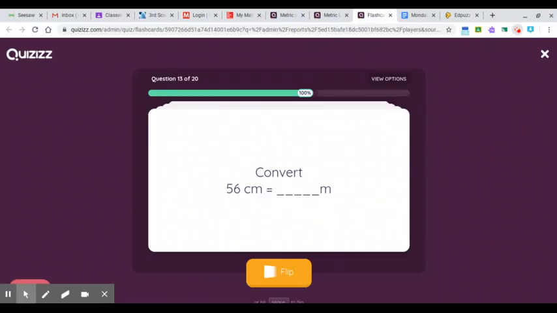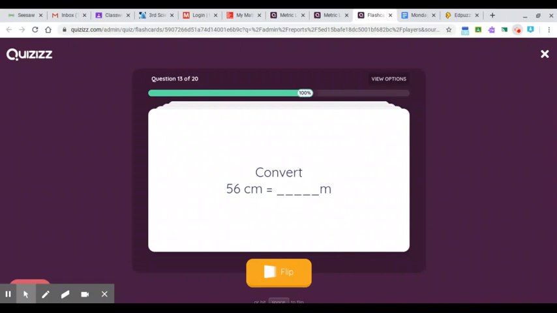Okay, so this one is really a little bit tricky, and I'm pretty sure some of you are going to be like, this makes no sense to me, and I understand that. But listen as carefully as you can. If I have 56 centimeters, I want to know how many meters that is. Well, it takes 100 centimeters to make 1 meter. So that means that we have to go backwards.